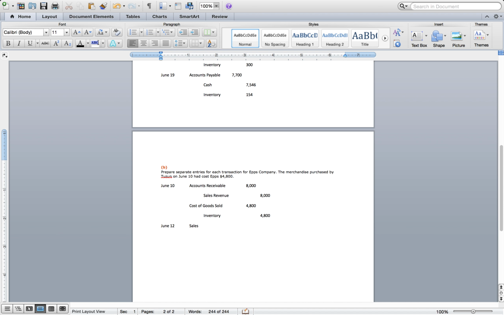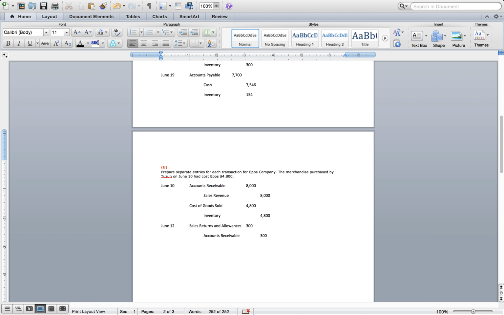You want to start by debiting sales returns and allowances for the $300, because this represents how much, like it says, the goods were returned to you, or if you granted an allowance, in this case was $300. And then you want to credit accounts receivable for $300 because now they owe you $300 less.